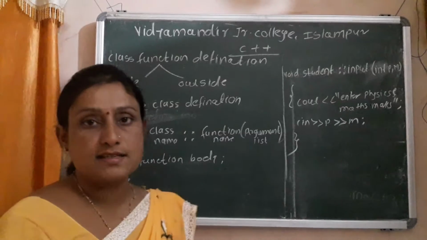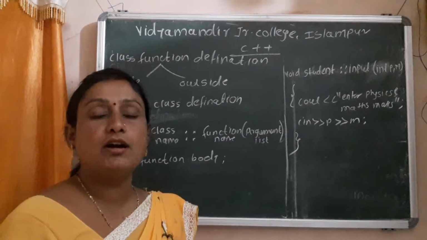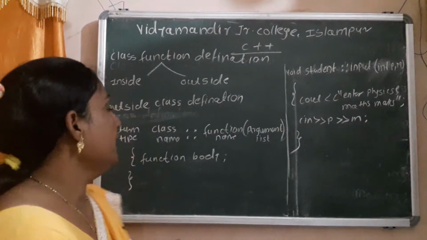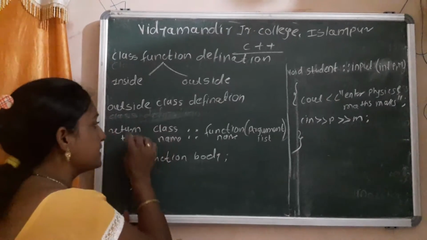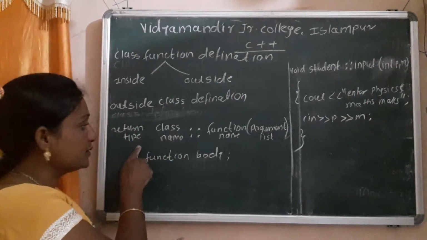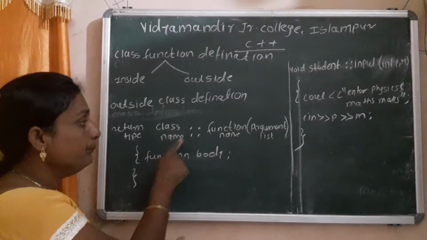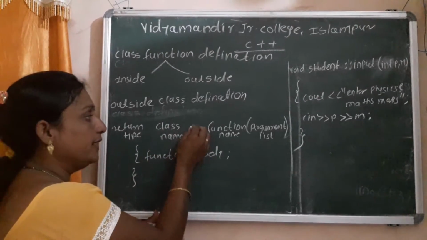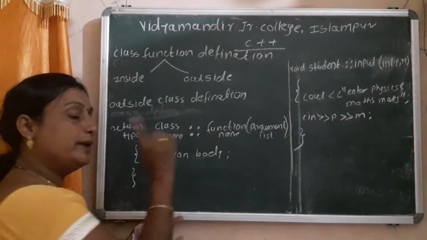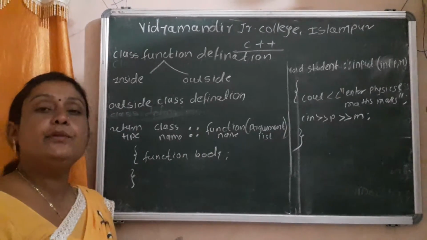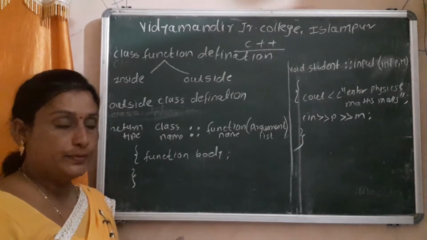There is a syntax for the outside declaration of a member function in a class. First we give the return type. Next is the class name, then the scope resolution operator, which we studied among the different types of operators in C++.